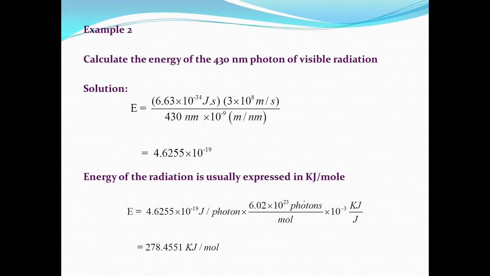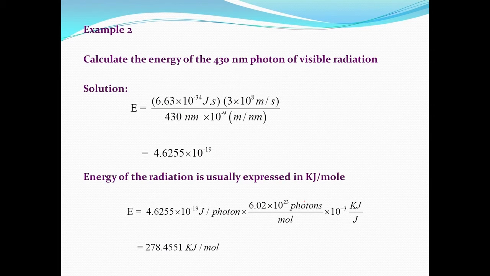Write E = hc/λ, h is 6.63 × 10^-34 multiplied by 3 × 10^8, divided by the wavelength, that is 430 nanometer, which is provided to you, multiplied by 10^-9 meters per nanometer.